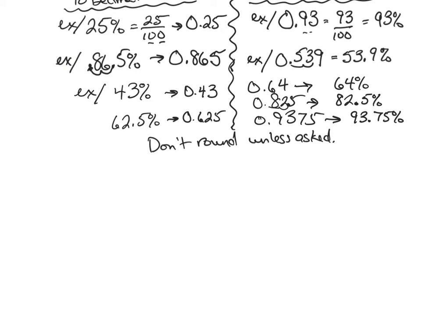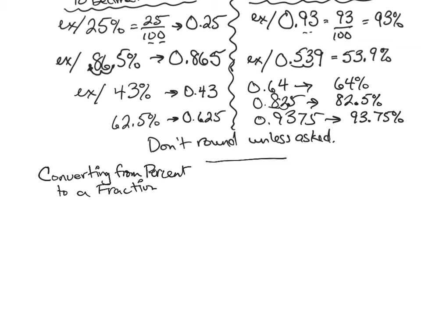So that was the easy part. Now we have to do something a little more difficult. And that is, actually, this is not difficult, this is easy. Converting from a percent to a fraction. This is actually super easy. It's the next part that's hard.